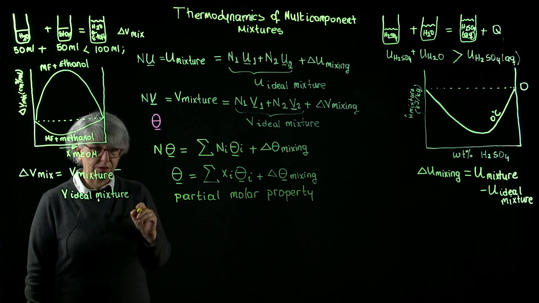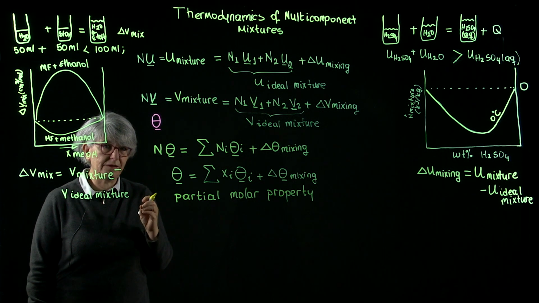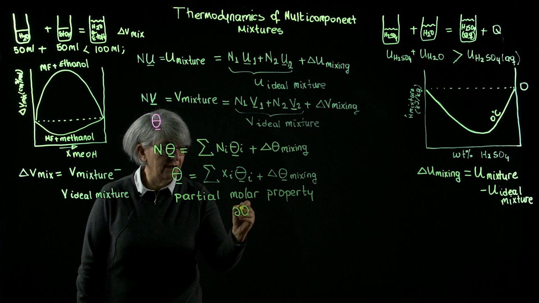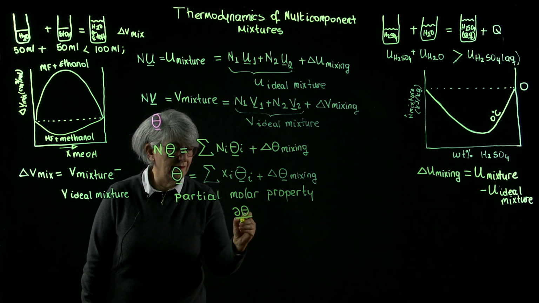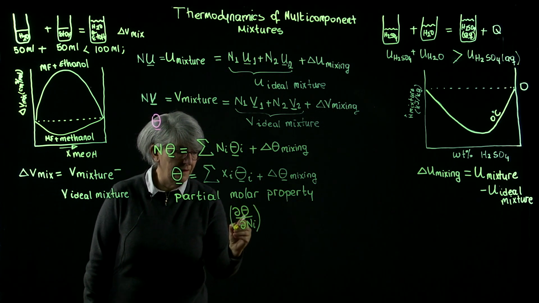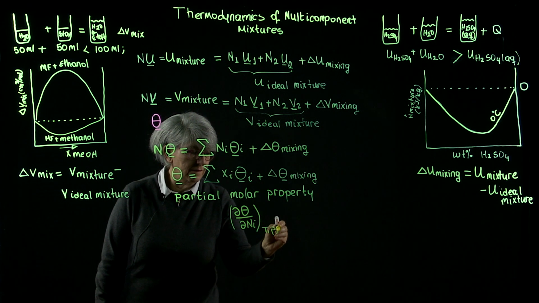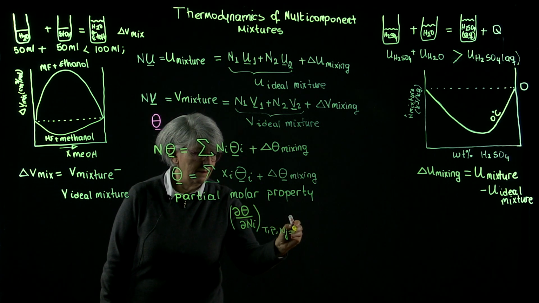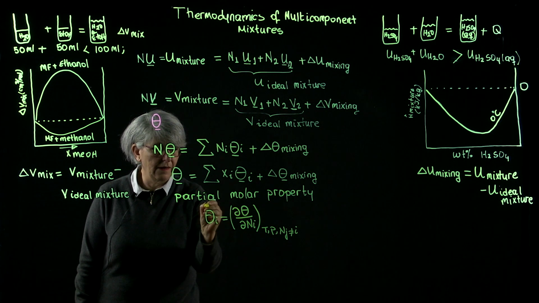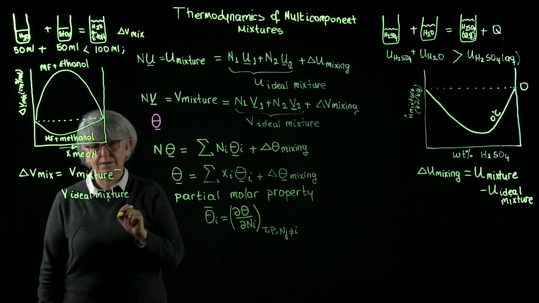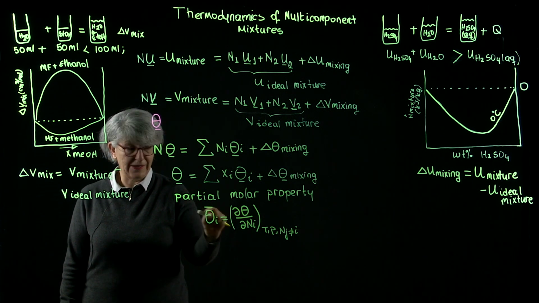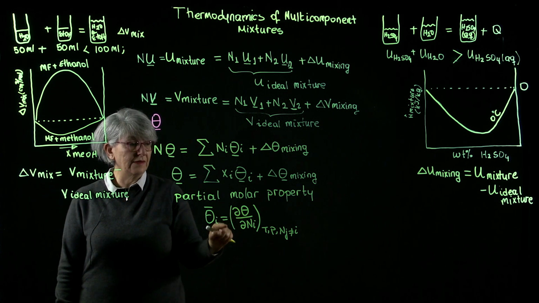And that partial molar property is going to have the following mathematical expression. So instead of underbar, I put overbar to indicate that it is a per mole quantity.